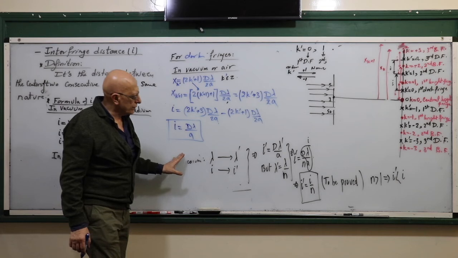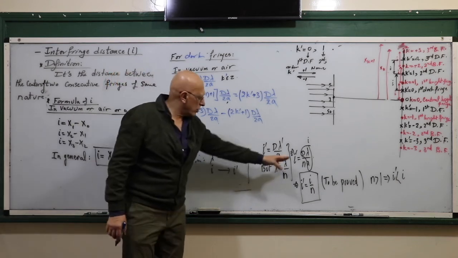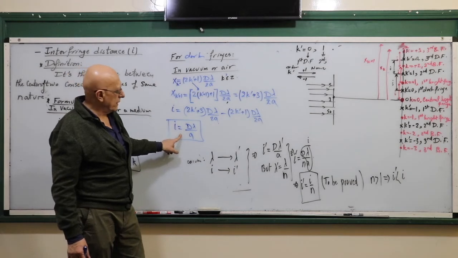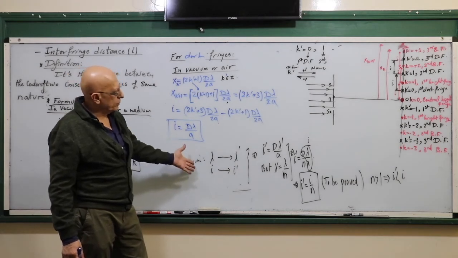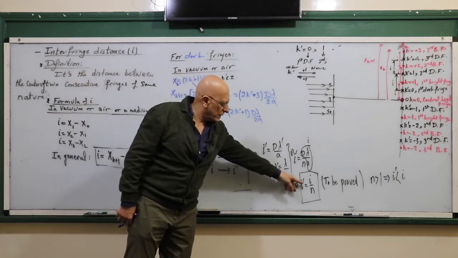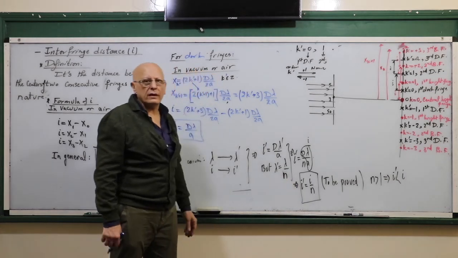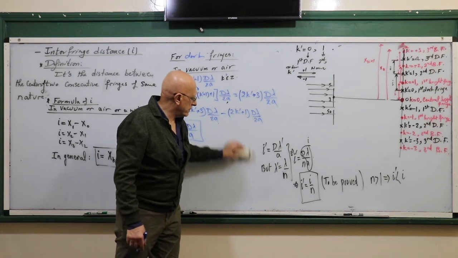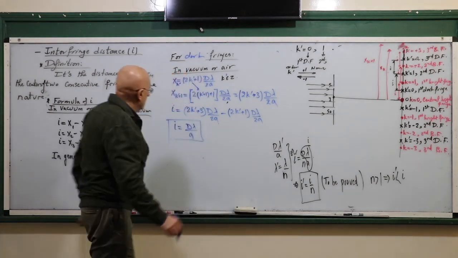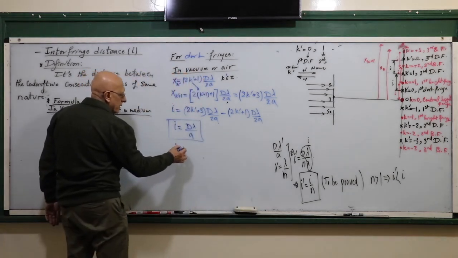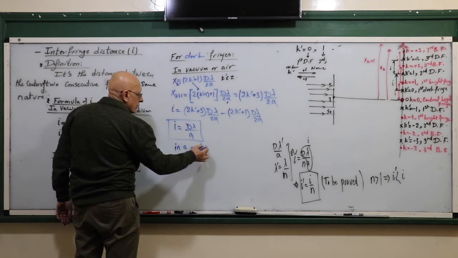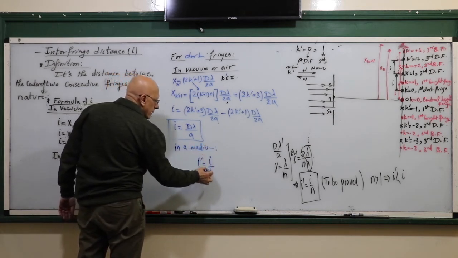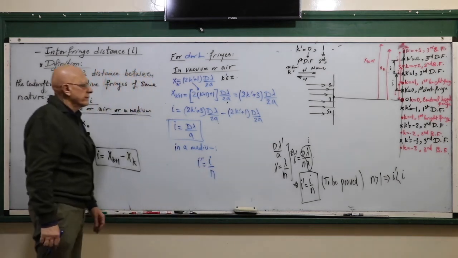Also, for a medium, you get the same formula because this is the same for the bright and the dark, and by the same proof, you get I prime equal I over n also for the dark fringes. So it is not necessary to repeat it. So, in a medium, you get I prime equal I over n.